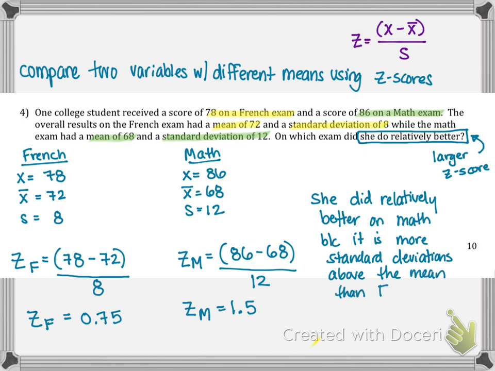I want to make sure everyone is crystal clear. Our z-score is larger, so it is more standard deviations above the mean, which means that we did better overall on the math exam compared to the rest of the class than we did on the French exam compared to the rest of the class.